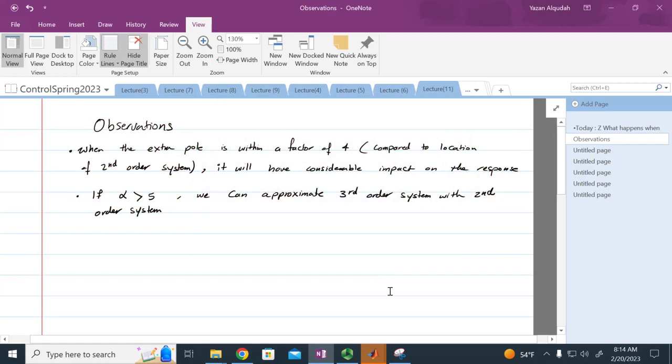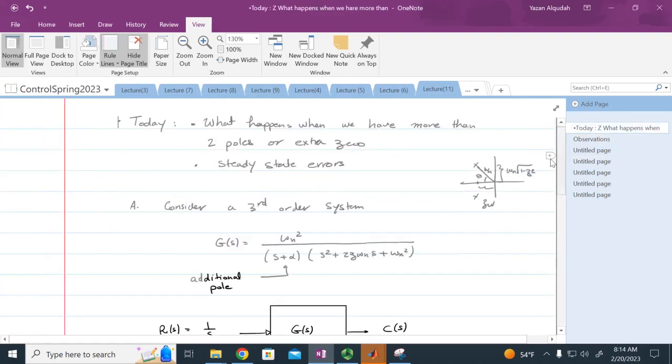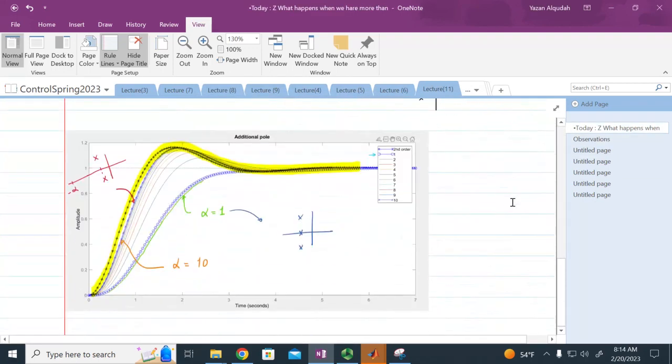Okay. Now also, if you look at all the graphs, what is the impact of the third order pole? What is the one parameter of the response that is affected the most by the third order pole? The rise time. If you look at the rise time, what happens when we added a third pole? The rise time got larger.